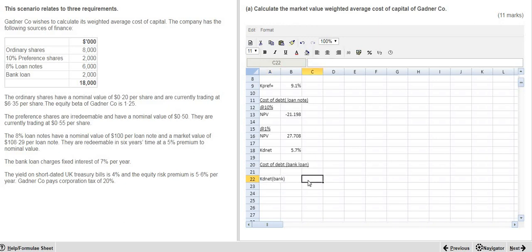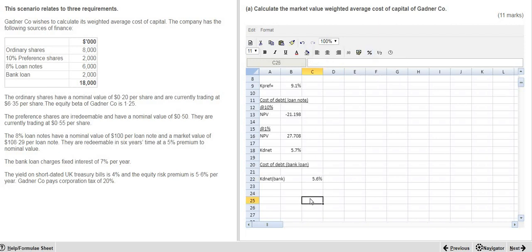So it's going to be easy. Just do I times, so the interest is just there. The bank loan is 7%, so that's going to be equal to 7% multiplied by 1 minus T, which is 0.8, which we've used before. So I'm going to put this to one decimal place.